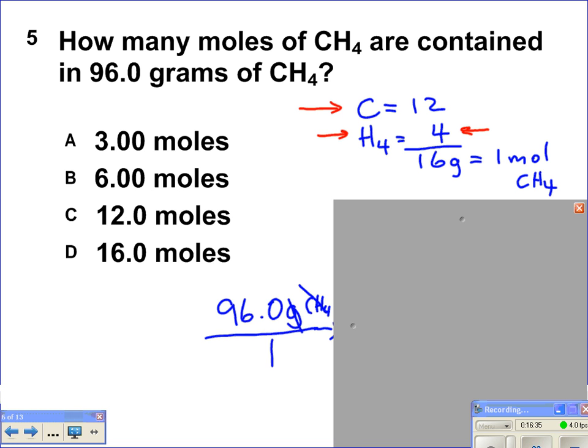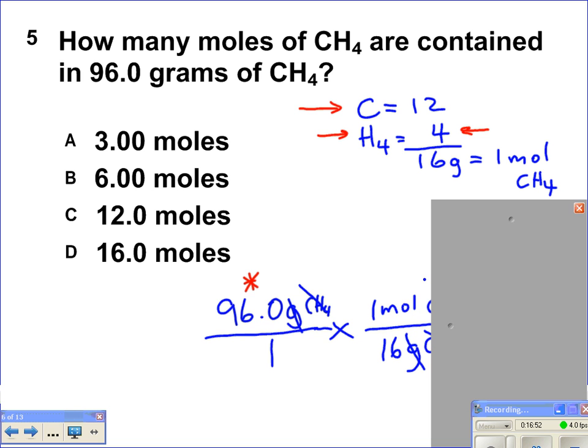Okay, we're going to start out with our given amount of methane, which is 96 grams, right there. And that methane has to then be, see, this is the given over 1, the way we always start these calculations. And the next part is the molar mass, which we calculated up top there.